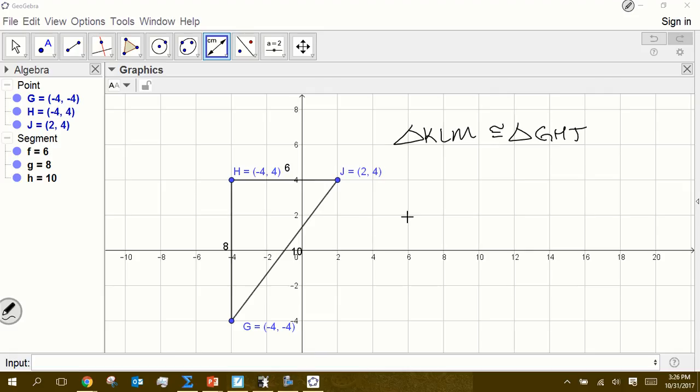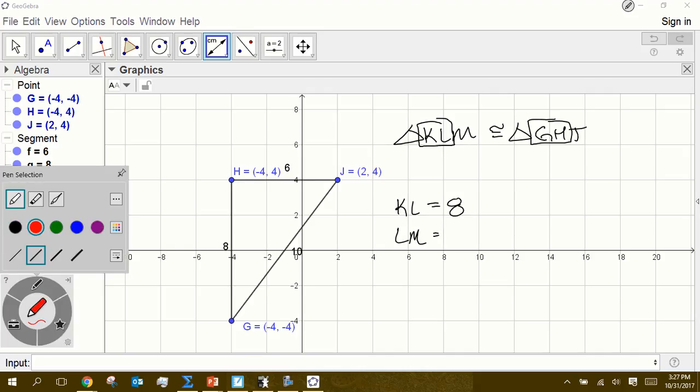All I'm asking for is what KL's length is. KL's length had better be the same as GH's length, since they're corresponding parts. GH we found to be 8, so KL has got to be 8. Then they want to find LM. LM are the second and last letters, so I look at the second and last letters over here, HJ. HJ was 6.